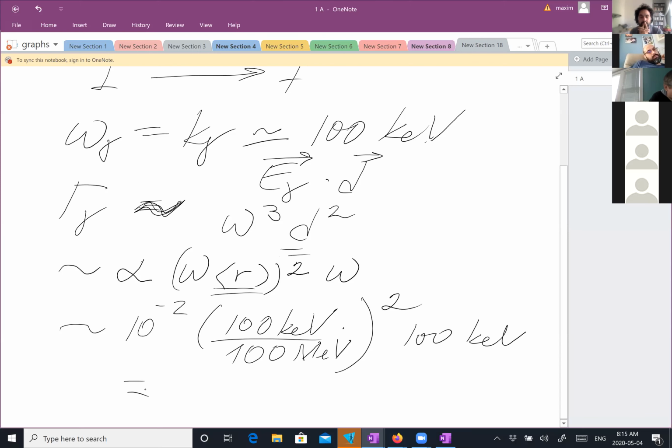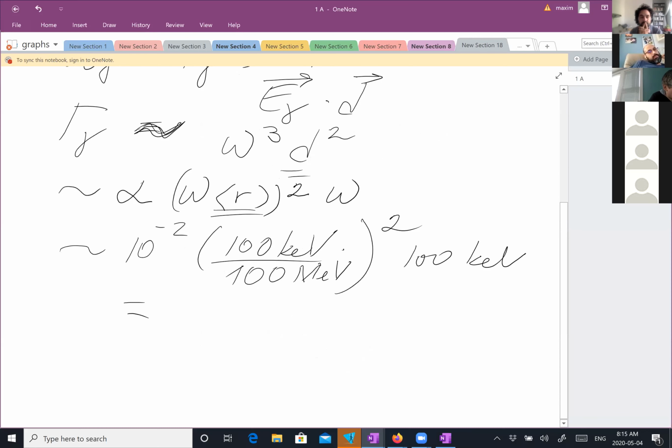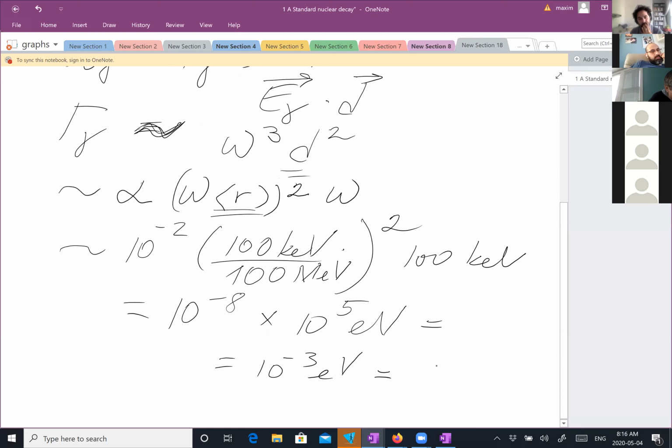So when I just continue this simple estimate, I will get to 10 minus 8 times, well, what is it, 10 to the 5, let's say, electron volts, and this gets me to 10 to minus 3 electron volts, which is, of course, 10 to the 12 hertz.